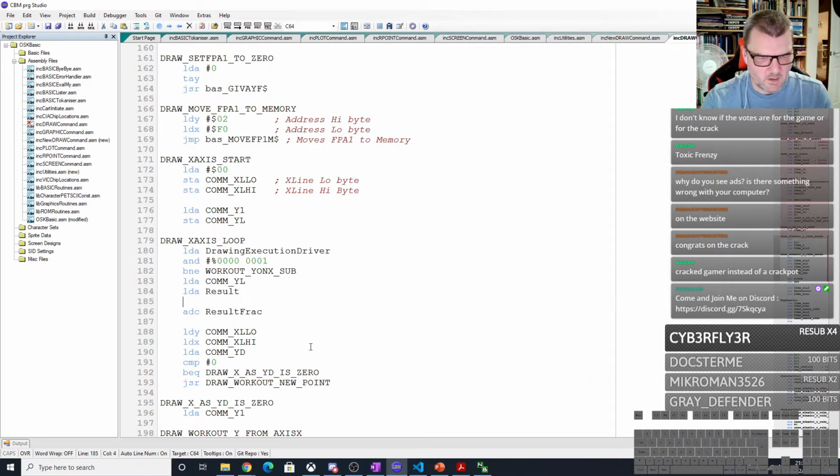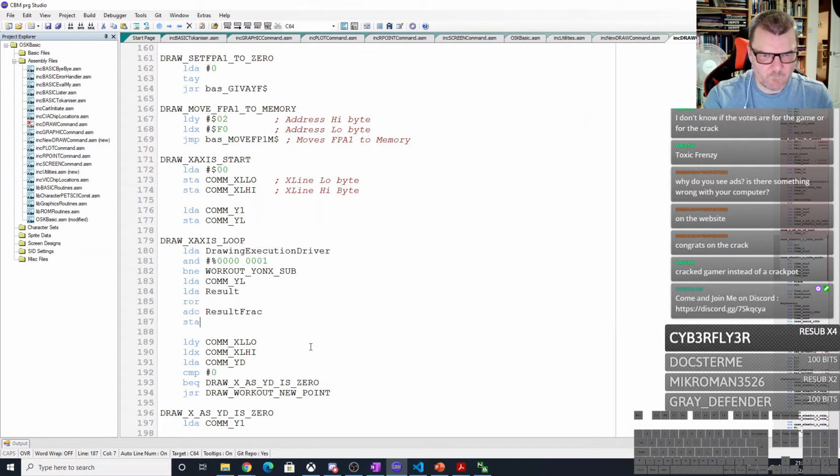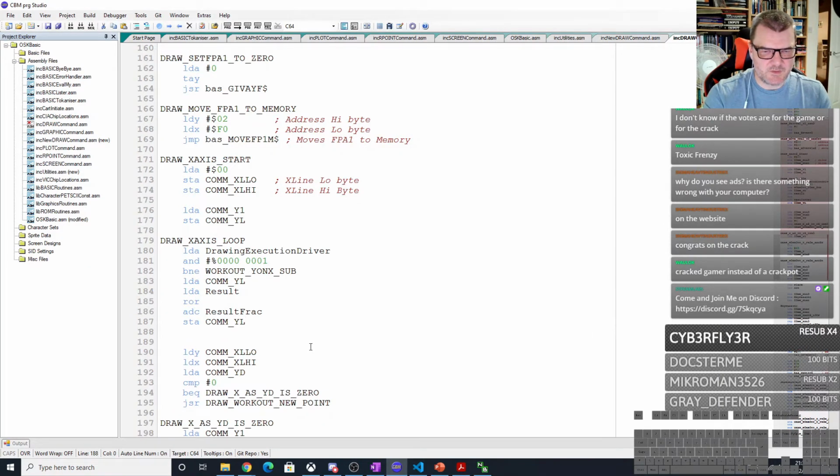So we need to do a roll right to stick it in the carry flag, and then we add the fraction. So if it's 1 and the fraction will be 0, yeah, that'll do it. So that's updated YL.